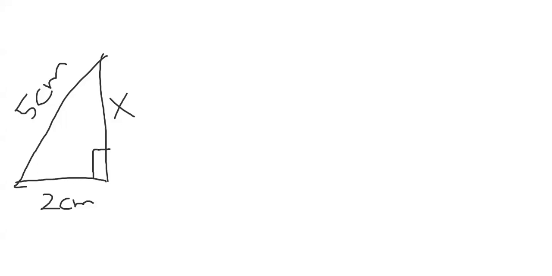Then, because it's a right angle triangle and we are looking for x, we can see that, from what we just did, x is b. So we are going to go back to that formula and solve for b. So the formula says a squared plus b squared is equal to c squared.